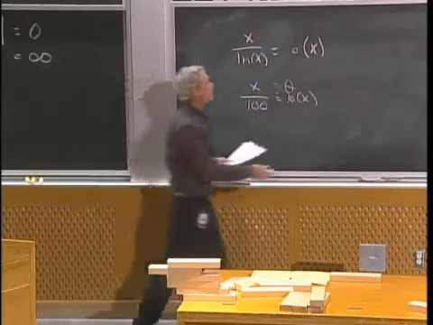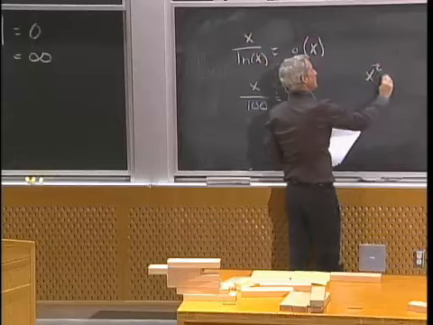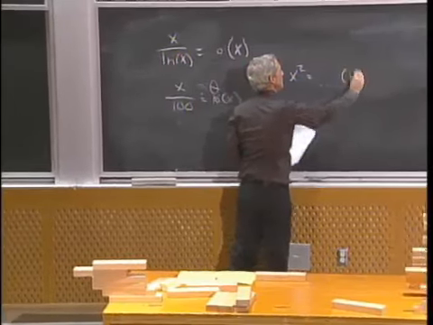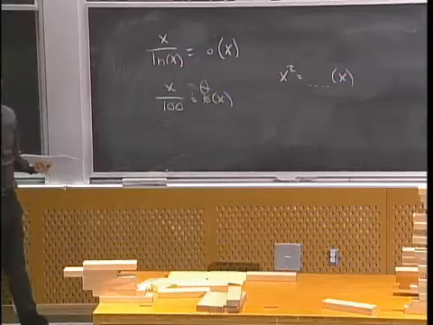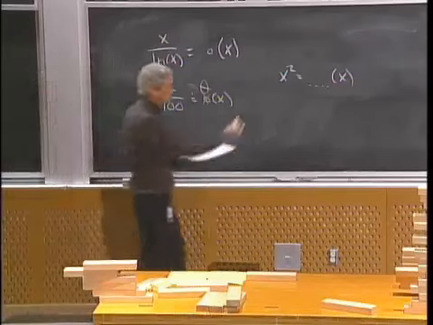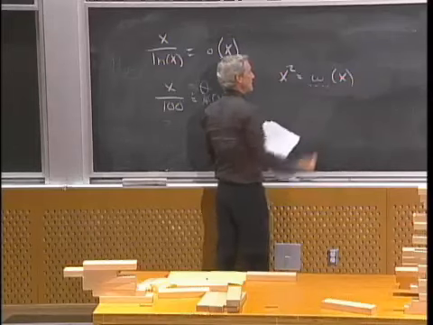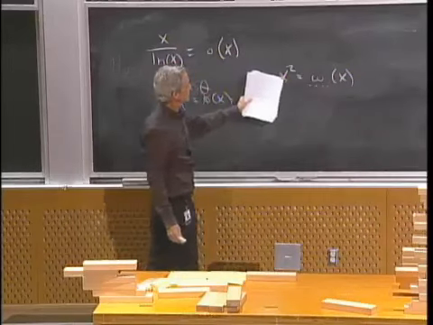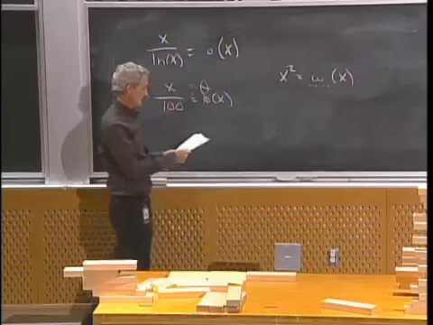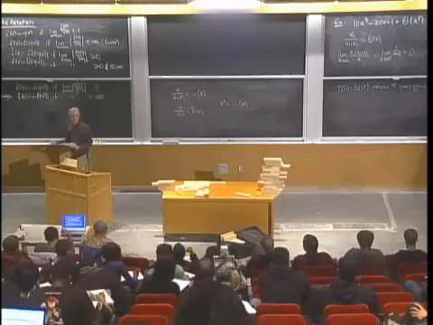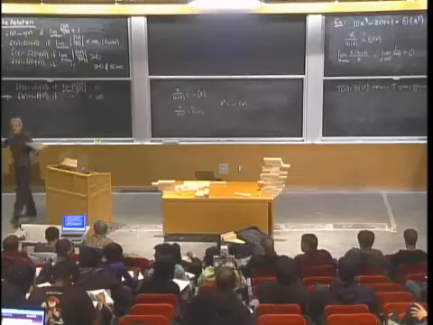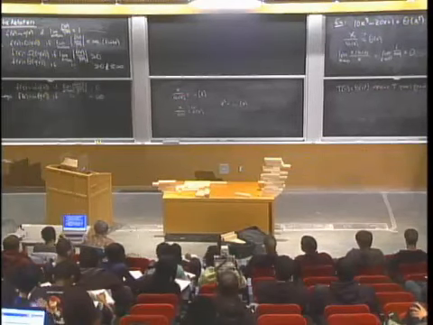All right, what symbol goes here? X squared equals something x. Little omega. It would also be true to put big omega, but little omega tells you more, because the limit of x squared over x goes to infinity. Any questions about these things? A natural thing on the midterm is that we do some of that.